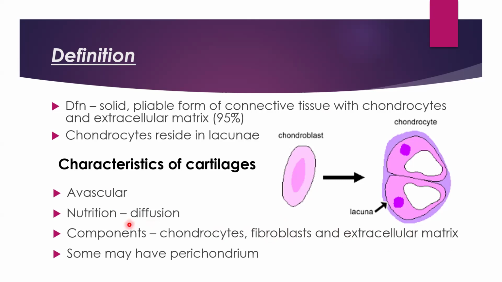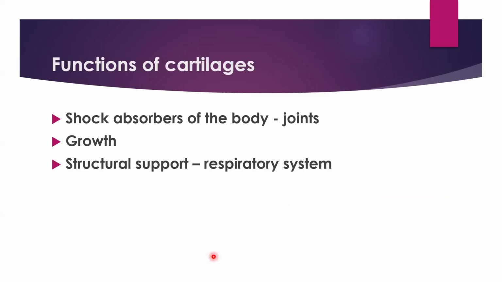So the two major components of cartilages will be chondrocytes as the cells, and then extracellular matrix, forming 95% of what we will be talking about today, that is the cartilages. Then some of the types of the cartilages that we talk about might have perichondrium. Perichondrium is the outer part of the cartilages, which will have some connective tissue, which will have two parts, which we'll talk about in a few minutes.